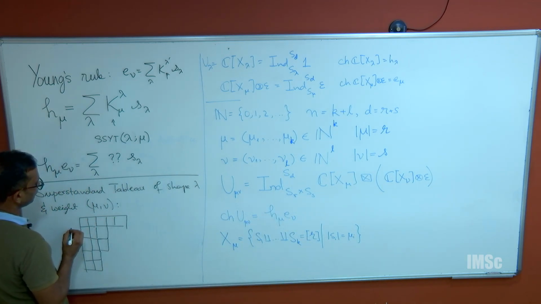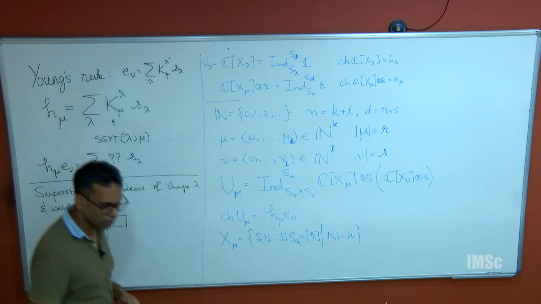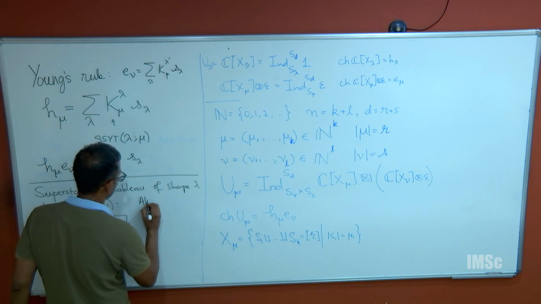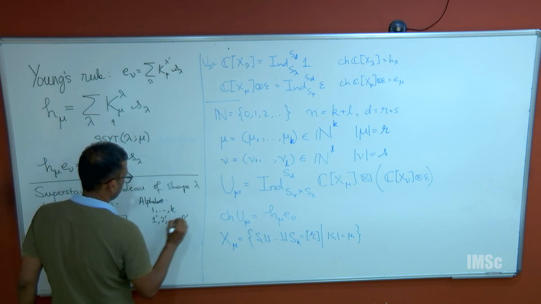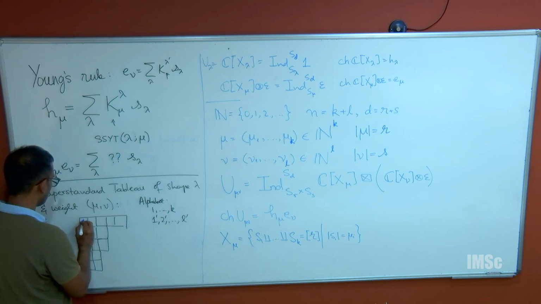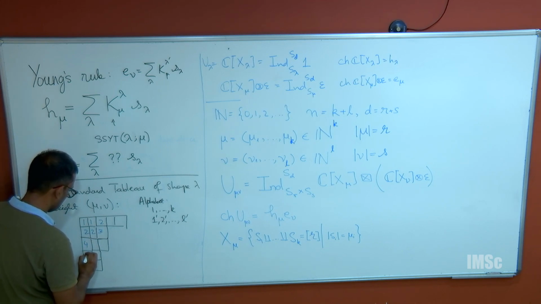There are two kinds of letters. The alphabet, in this context, should be 1, 2, 3 up to k, and 1 prime, 2 prime up to l prime. Let me give you an example. You can do 1, 1, 2, 2, 2, 3, 4, 6.